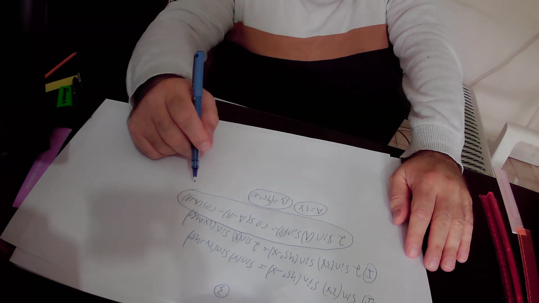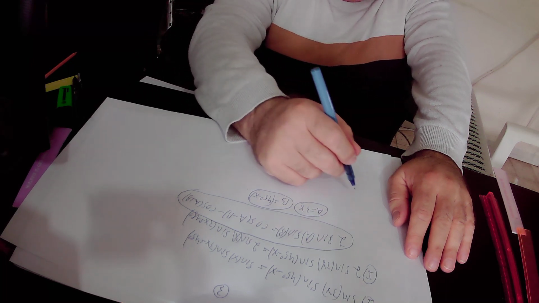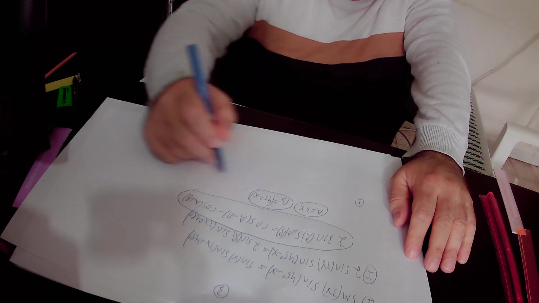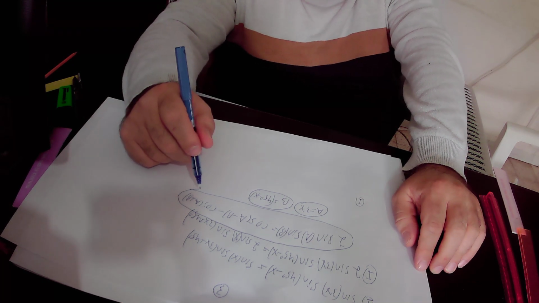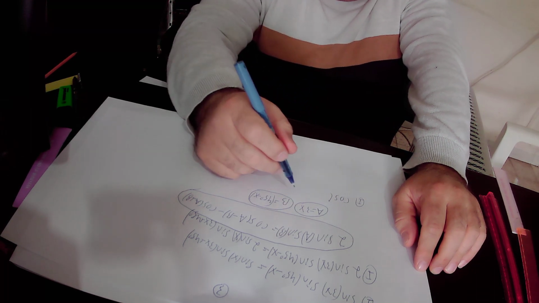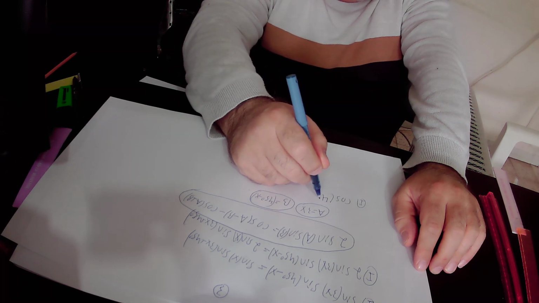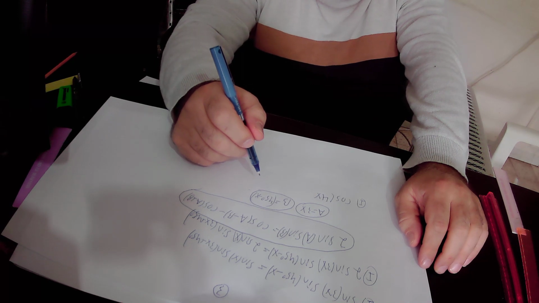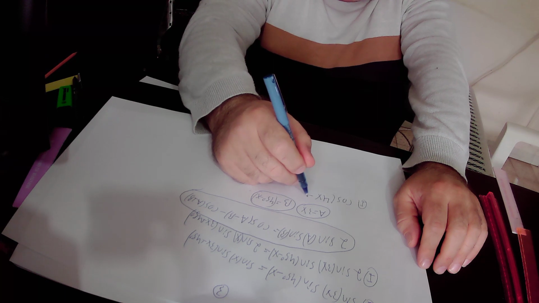According to the trigonometric identity, we will get here that 2 sine 3x times sine 45 degrees minus x equals cosine A minus B. A is 3x, B is 45 degrees minus x, so A minus B is 3x minus x, which is 4x, and it is actually minus 45 degrees.